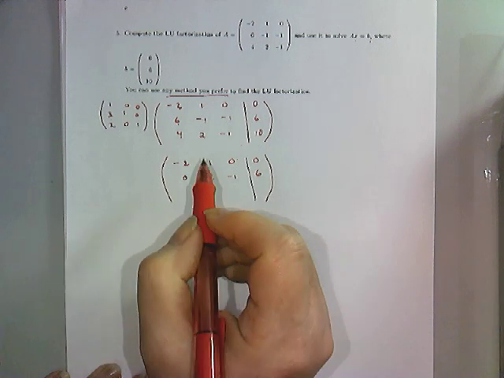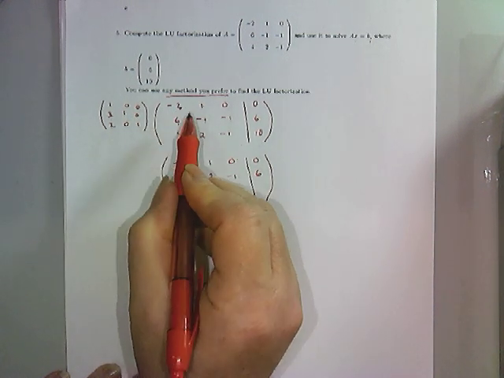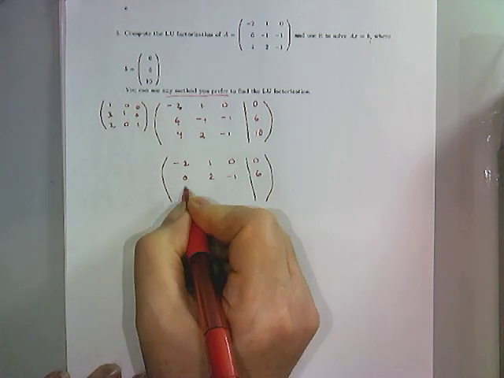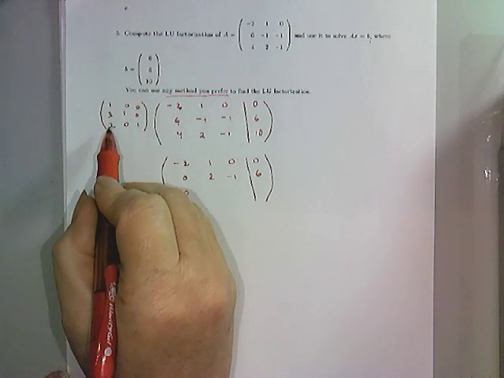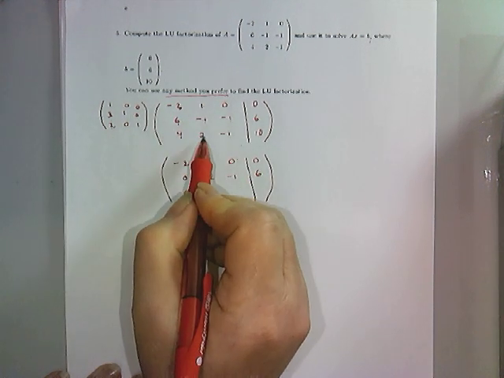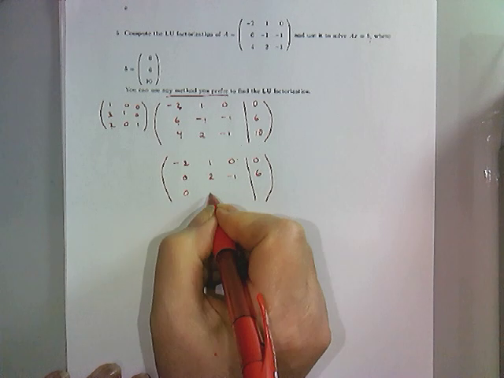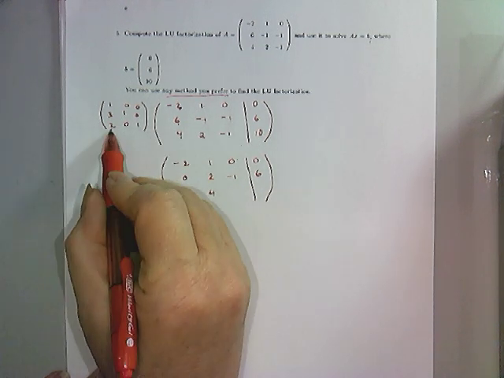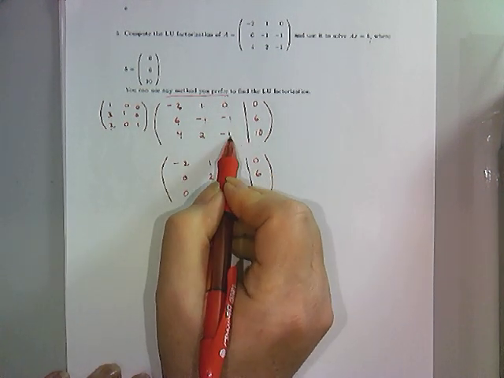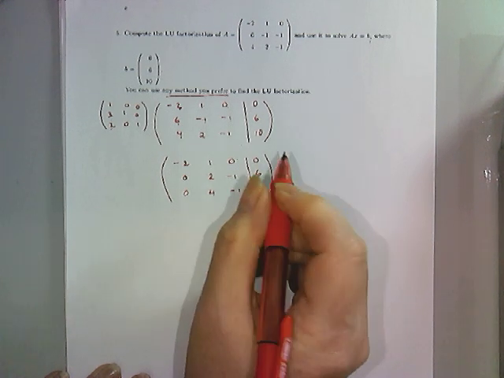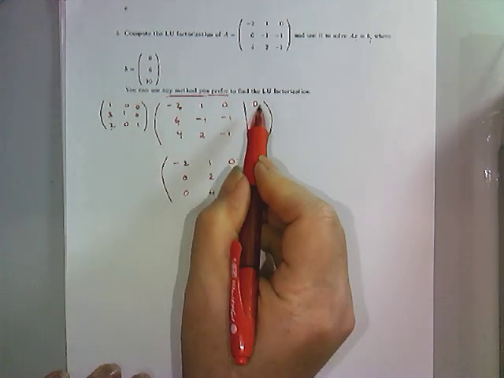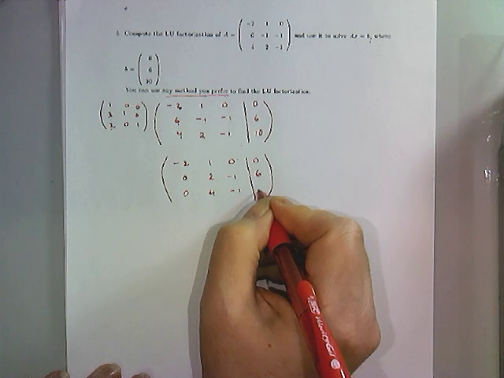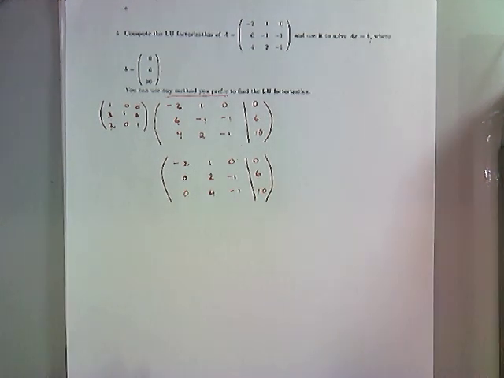Then the last row will be 2 times -2 plus 4 is 0, like it should be. 2 times 1 plus 2 is 4. 2 times 0 minus 1 is -1. And 2 times 0 plus 10 is 10.